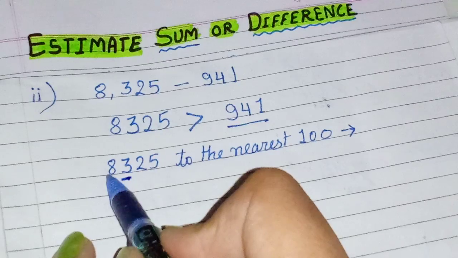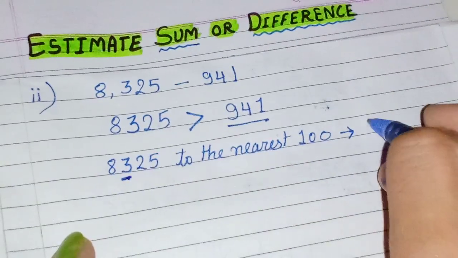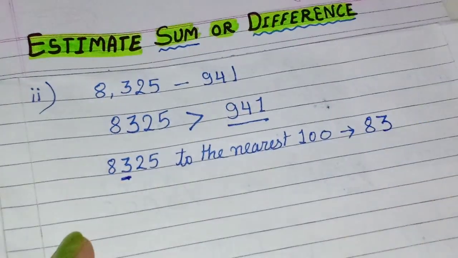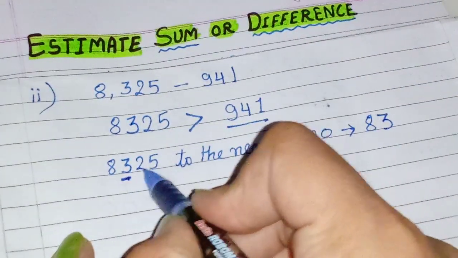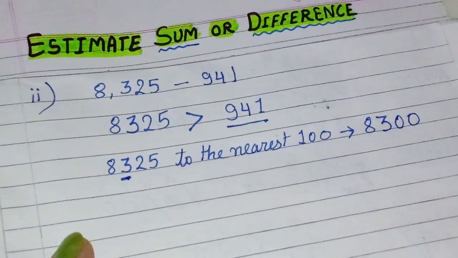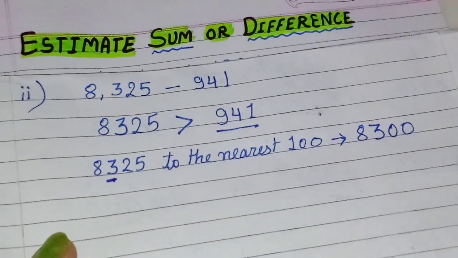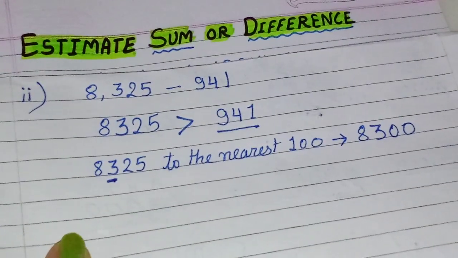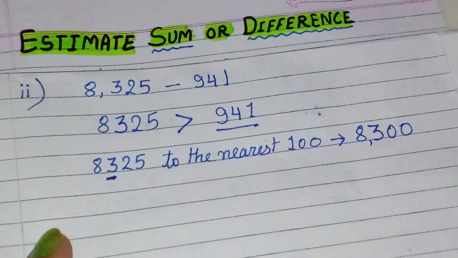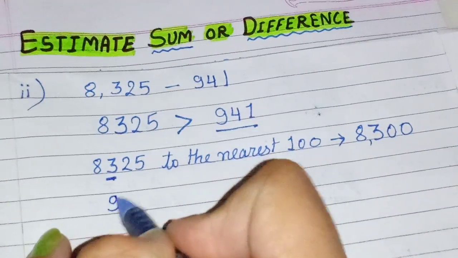So before that we have 8 and then no change in 3. So 83 will be written as it is. And after this we have 2 digits more, so in this place we will have 0. So when 8,325 is rounded off to the nearest 100, we get 8,300.